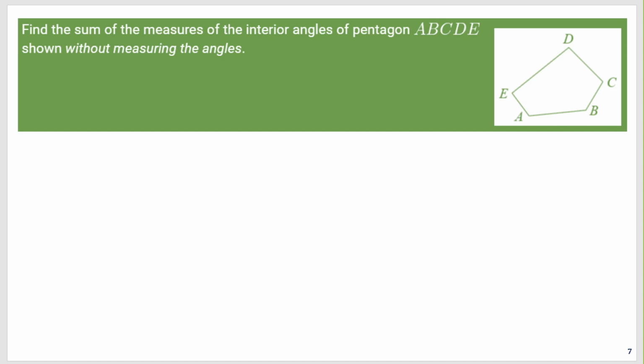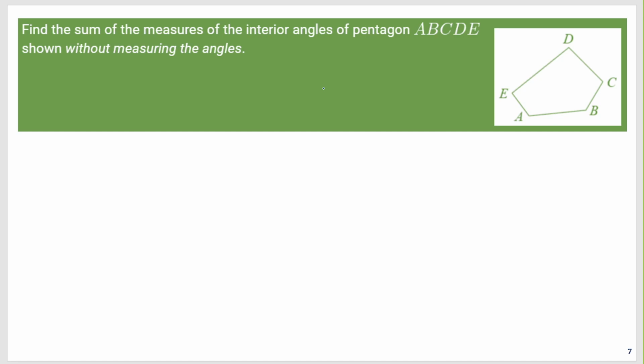Yeah, that's a question. Why is it 540? How did you get that? We are trying to prove this rule, right? All right, let's have a look at the solution together. So we don't know anything about the pentagons, right?